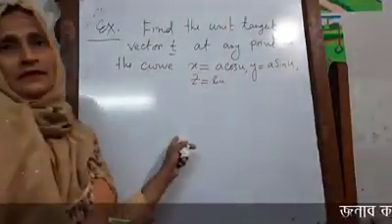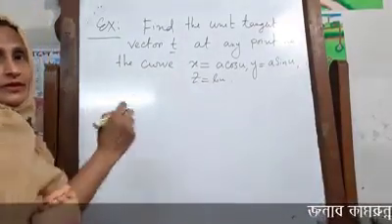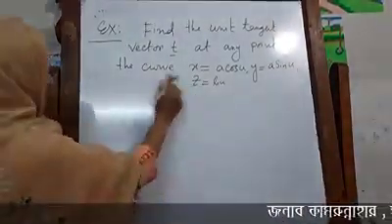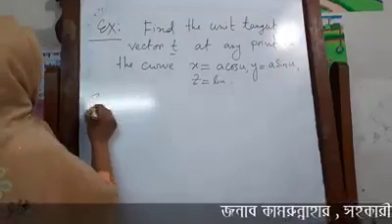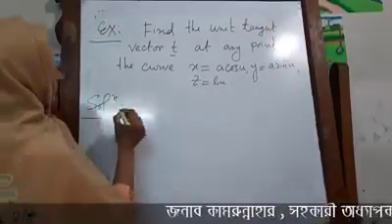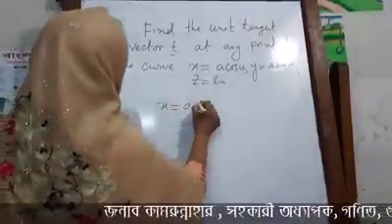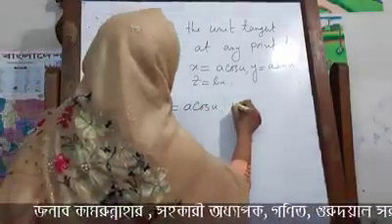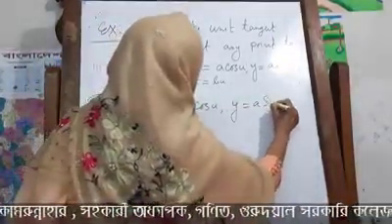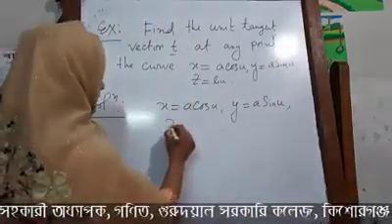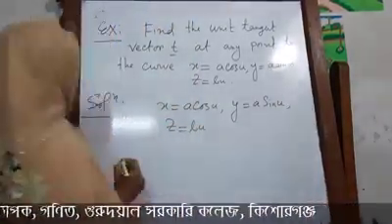It is very easy to solve. Dear students, we find the solution. x is equal to a cos u, y is equal to a sin u, and z is equal to bu.